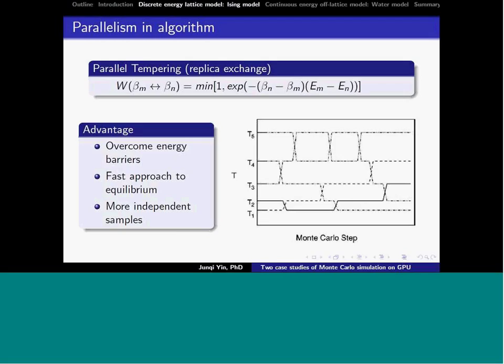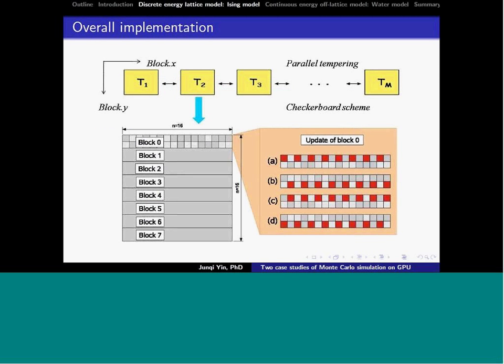So how are we going to implement this algorithm on CUDA? We establish a thread mapping to map onto the blocks of CUDA. For each temperature, we have a lattice.